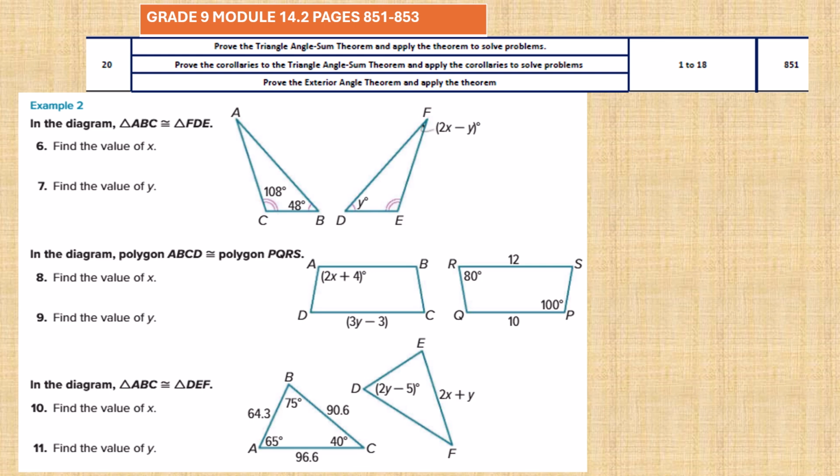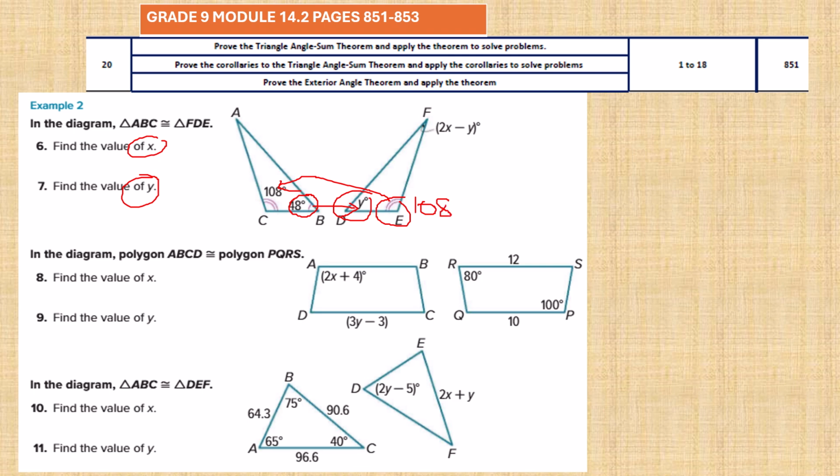Example 2 says, find the value of x and find the value of y. Very quickly, we know that y is going to be equal to 48 because they have one marking each. And we know that angle E is going to be equal to 108 because it corresponds with angle C, which is 108.